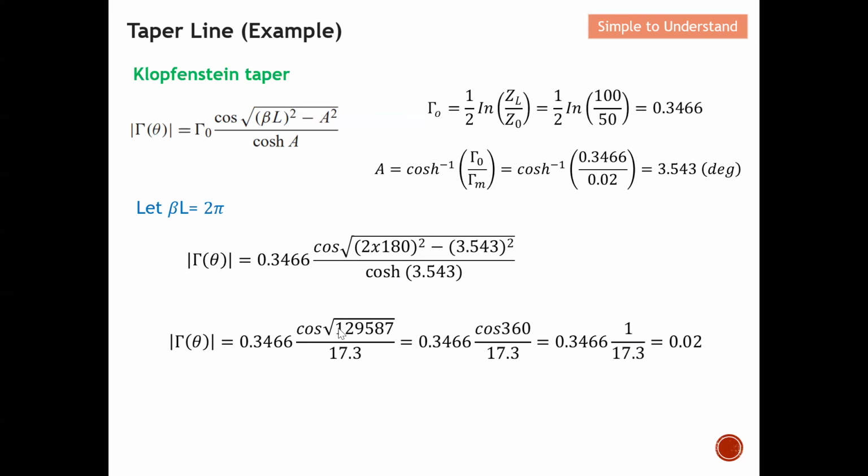So I find this number as 129,587. I also punch my calculator. Keep this in mind: all this must be in degree because all these are in degree. So I get the answer of 17.3 in degree. Again, you can punch your calculator, and finally you get the answer of the reflection coefficient at 2 pi, which is 0.02.